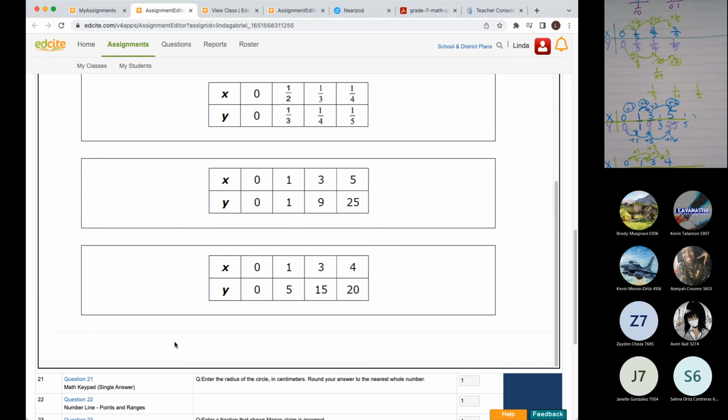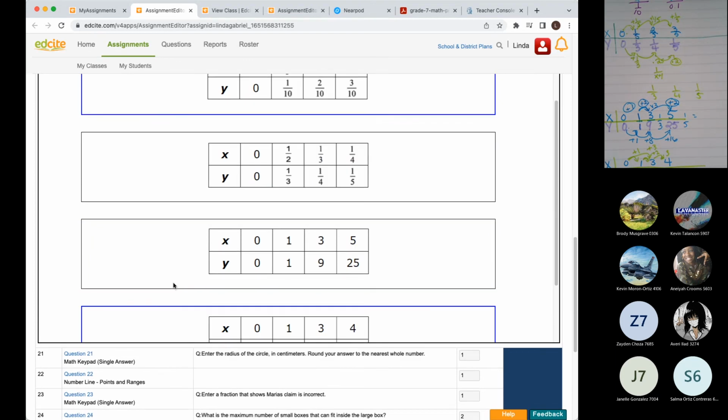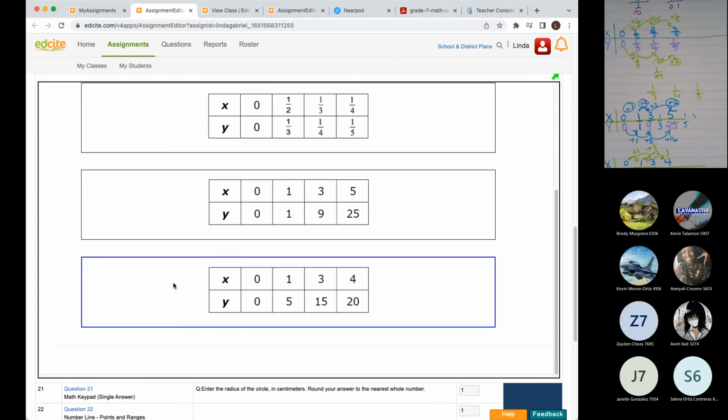So my proportionality is 1/5. So my last table is also a table that has a proportional relationship between X and Y. It would be 1 to 5 here. Does that make sense? Yeah?